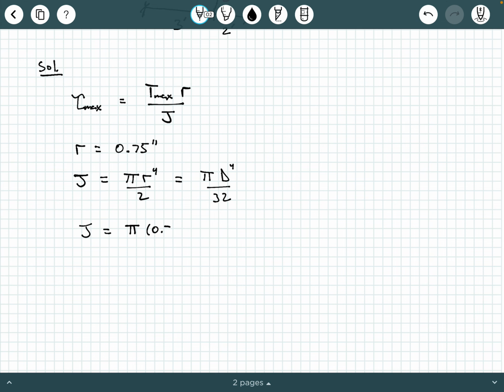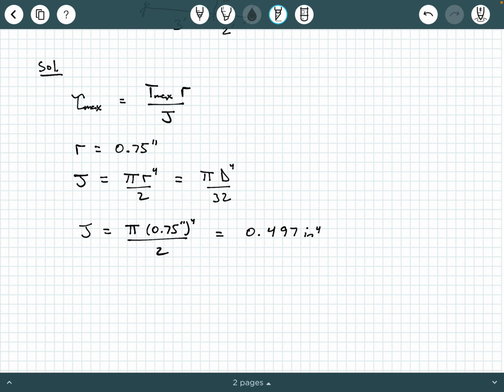Pi times 0.75 inches raised to the 4th power over 2. I'm going to use my TI-36X Pro calculator to determine that. So I get a polar moment of inertia value of 0.497 inches to the 4th, and track those units, okay?